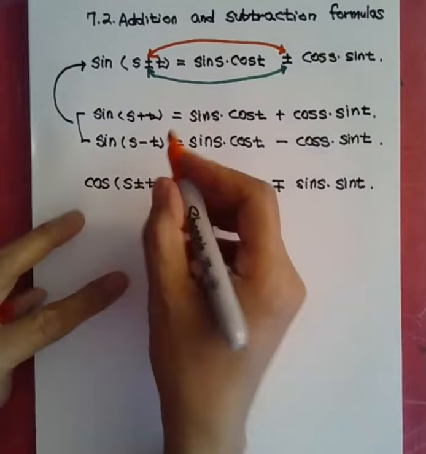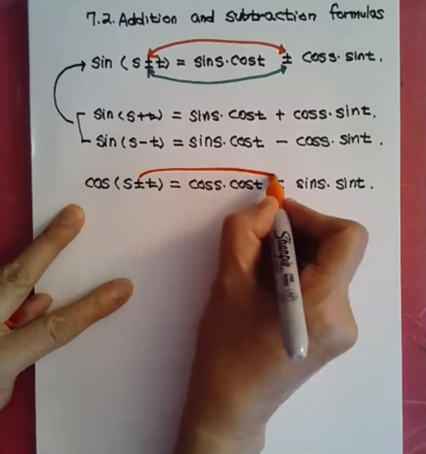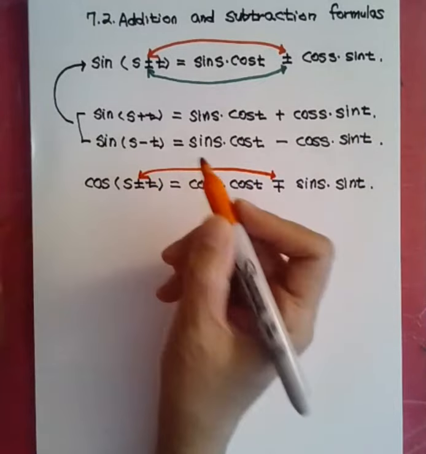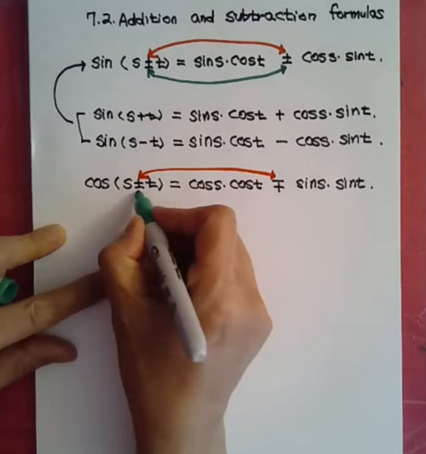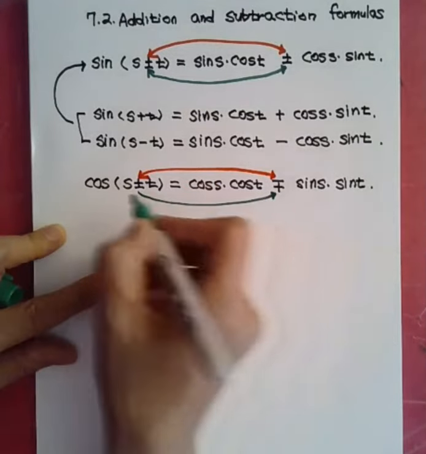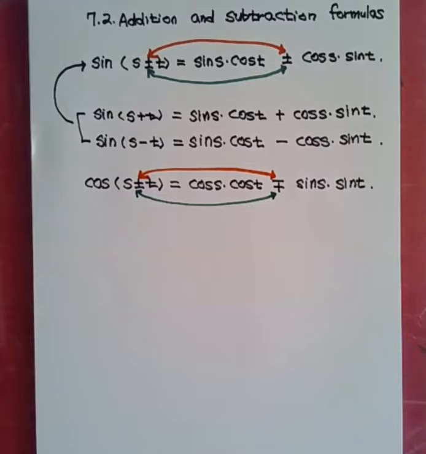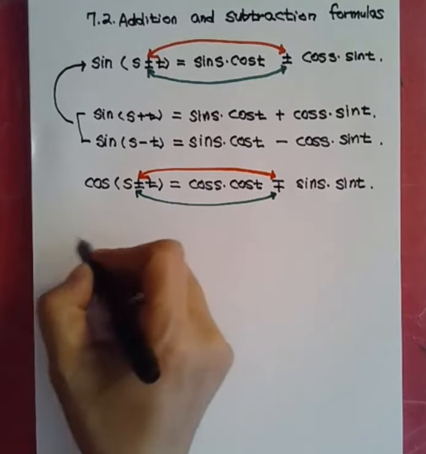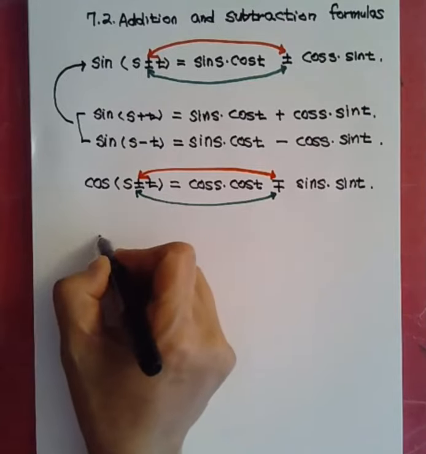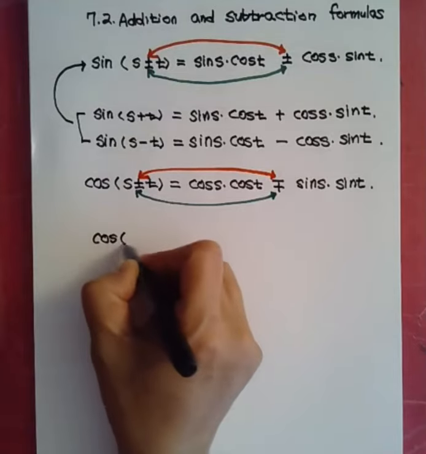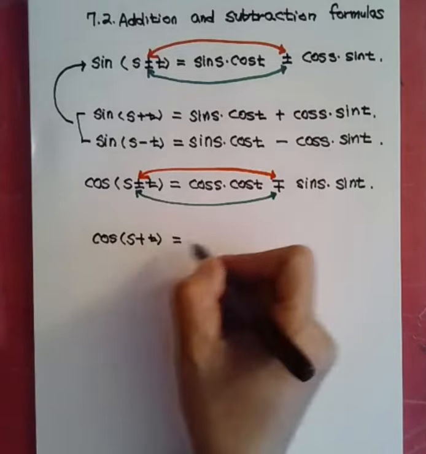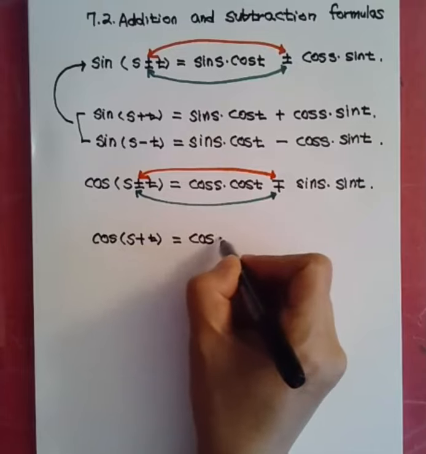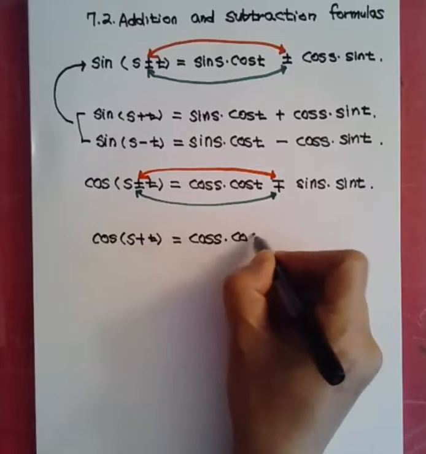We do a similar thing to interpret this formula. In this case, plus will be combined with minus and minus will be combined with plus. So the meaning of that formula is cosine of s plus t equals cosine of s times cosine of t.